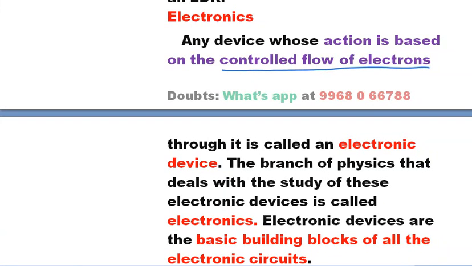If we control the flow of electrons in a particular device, then we term such a device an electronic device, and the study of these electronic devices we term electronics. Dear students, in electronic devices, some basic building blocks or electronic circuits are there. We have to study them here.